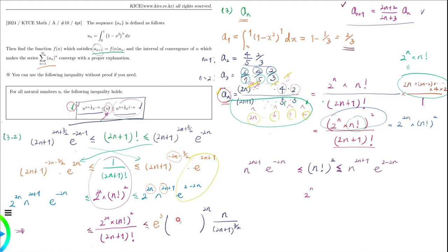And what's inside of this parenthesis is nothing but 2n over 2n plus 1.